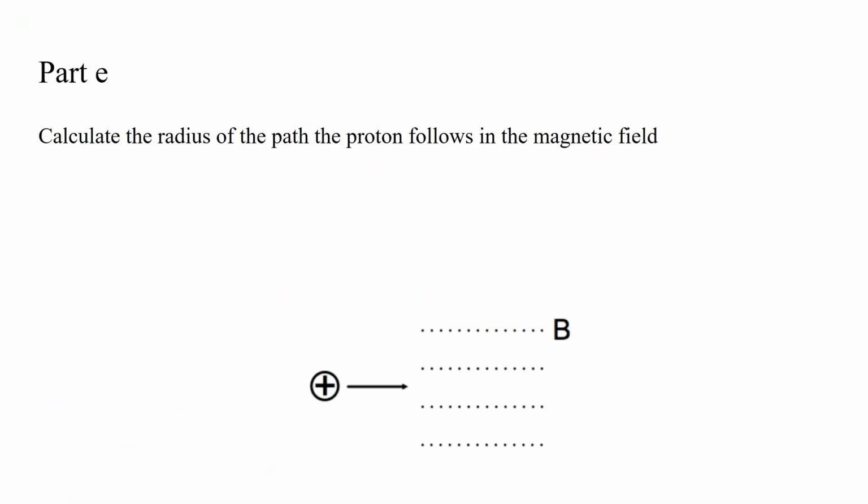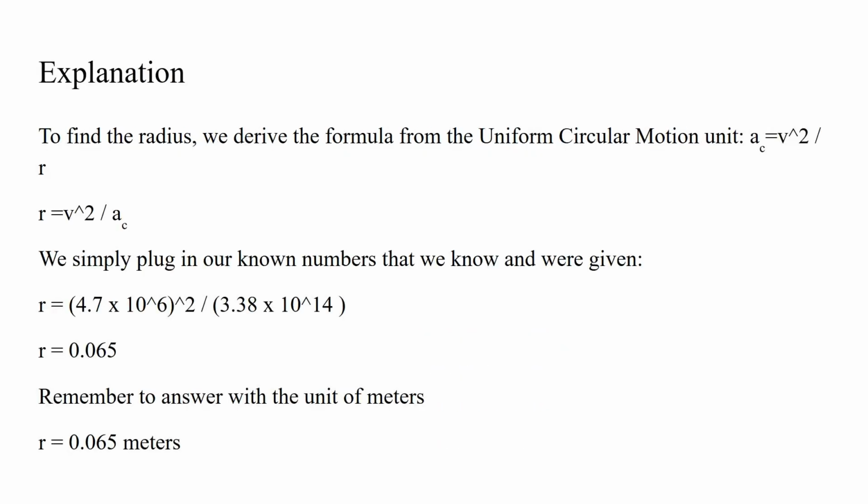Part E, calculate the radius of the path the proton follows in the magnetic field. This is where uniform circular motion comes in. As the proton is going into the B field, it will experience acceleration in a semicircle, like we described in the beginning of the FRQ. To find the radius, we derive the formula from the uniform circular motion unit, a_c equals V squared divided by R. Do a little bit of algebra to solve for radius.